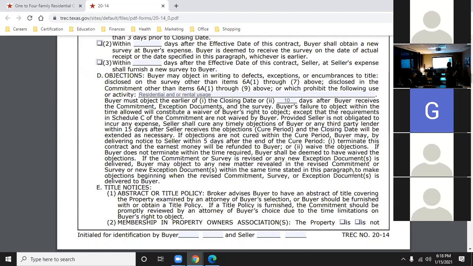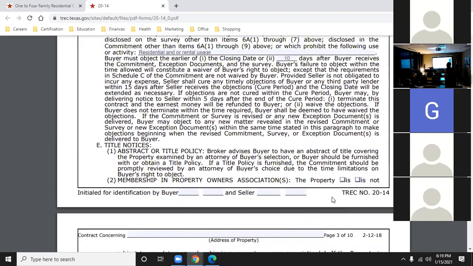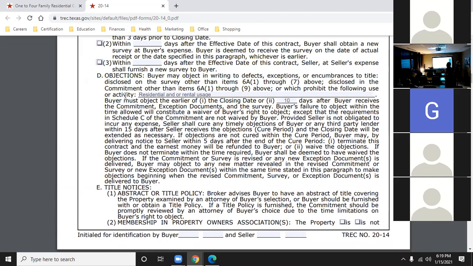So with this rental usage part, say, Darren, you're buying a place to rent for 5 people, they're all unrelated, and it's in a neighborhood that only allows 2 people. You want to be able to back out so that you don't have to be forced to purchase a house in that district.